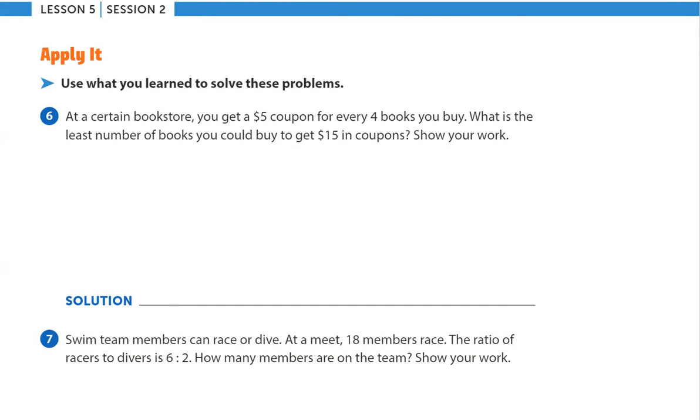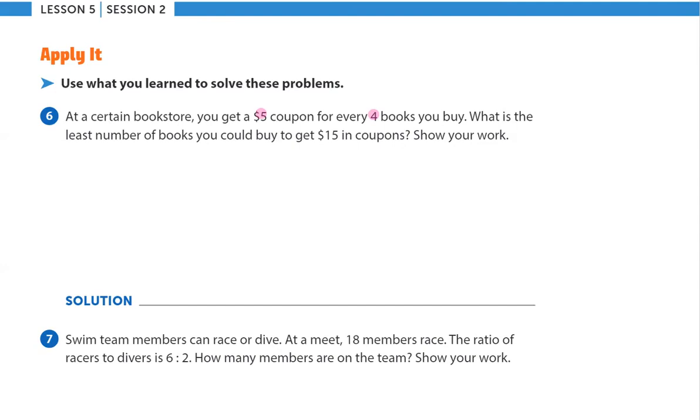Number 6. At a certain bookstore, you get a $5 coupon for every 4 books you buy. What is the least number of books you could buy to get $15 in coupons? Show your work.